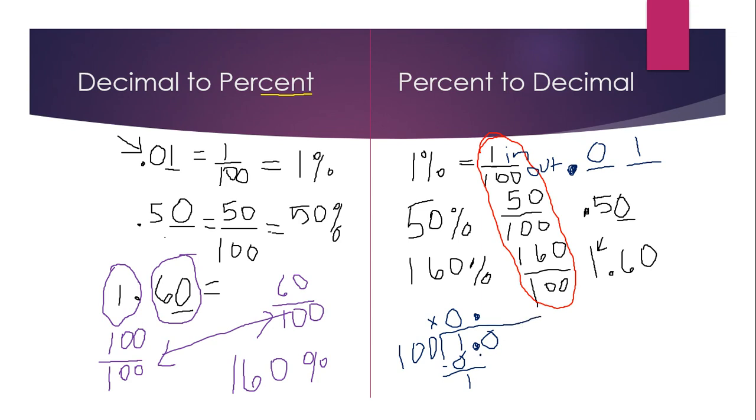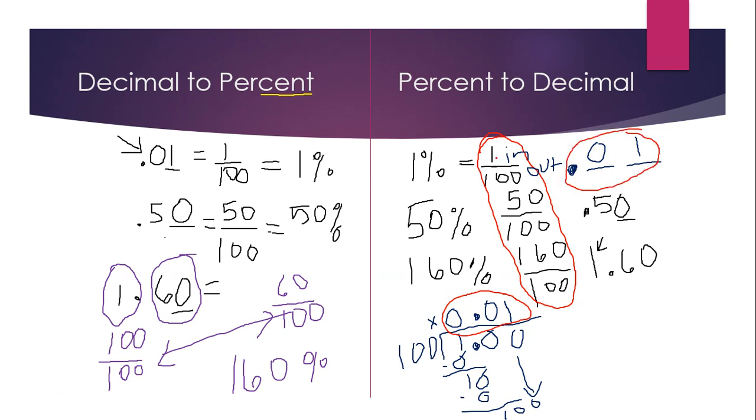And you drop that 0. And now 100 goes into 10 0 times. And 0 times 100 is 0. And then I get a remainder of 10. But I have to add one more 0, right? And now 100 goes into 100 one time. And as you can see here, when I do the in and out method, this matches this.